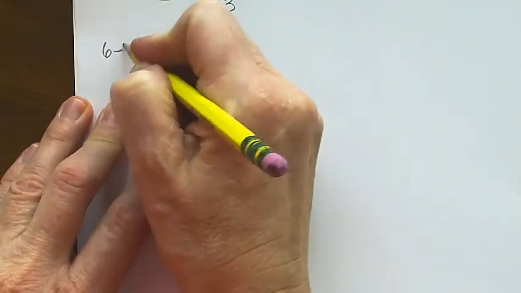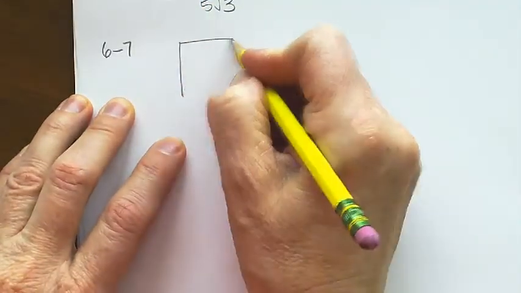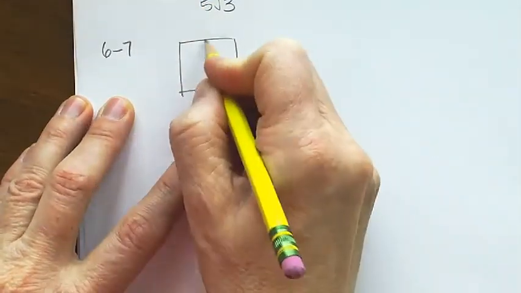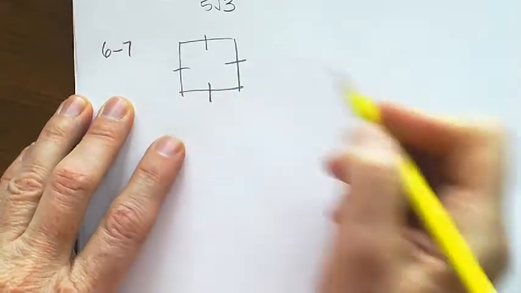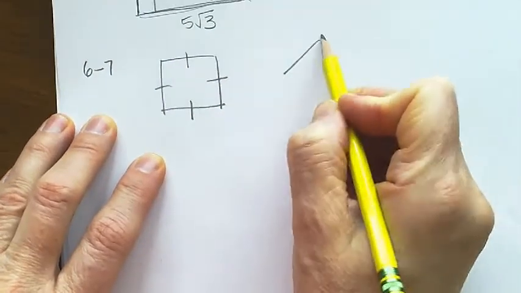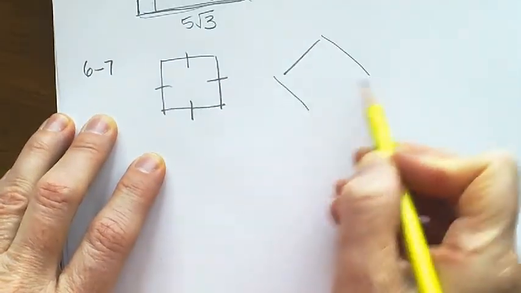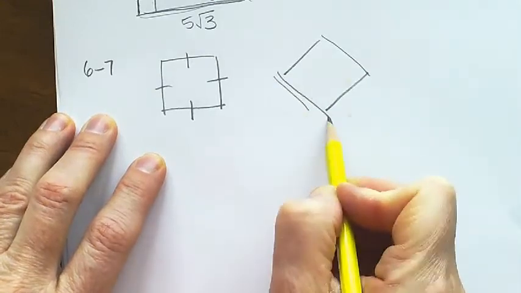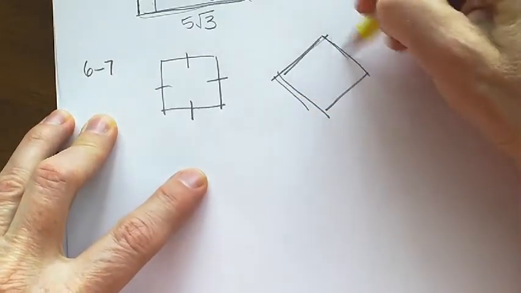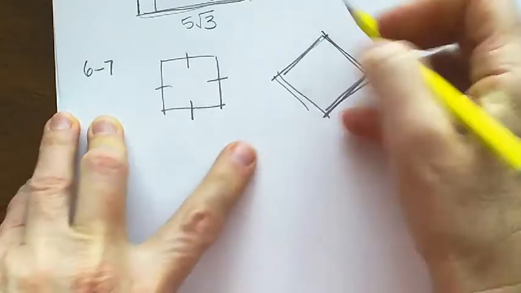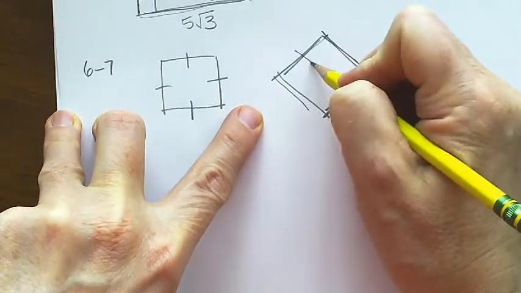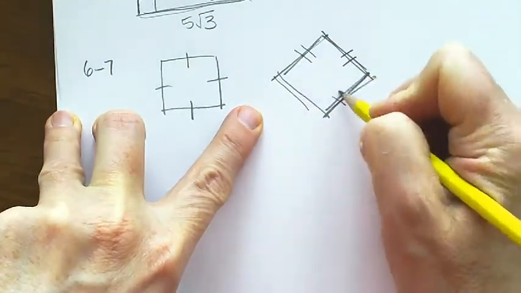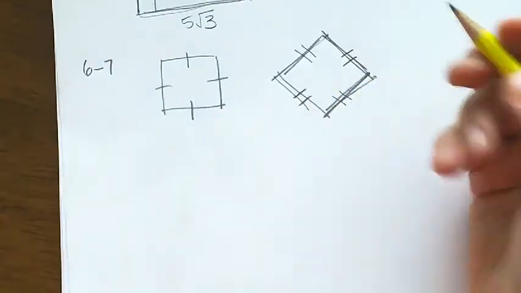So if I have 4 equal sides, I know most people are going to think, oh, it's a square. And squares have 4 equal sides, but so does a rhombus, which is hard to draw and not make it look like a square. But you can have 4 equal sides and not have 90-degree angles.